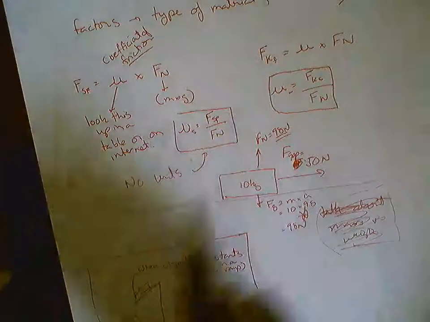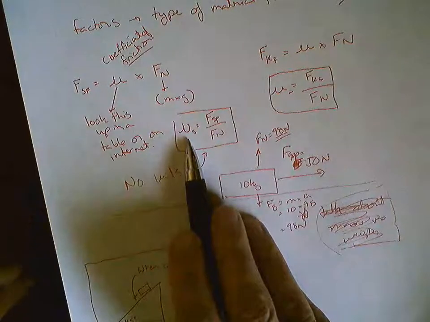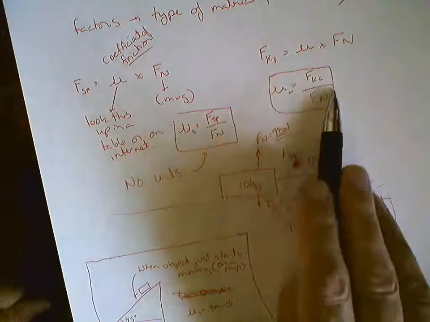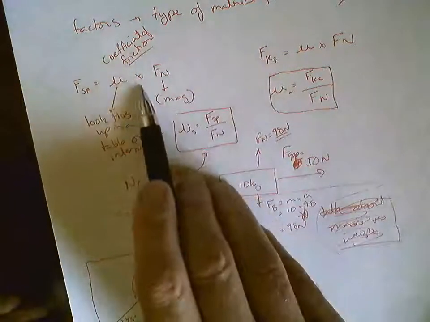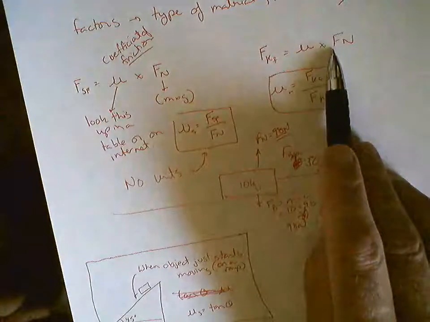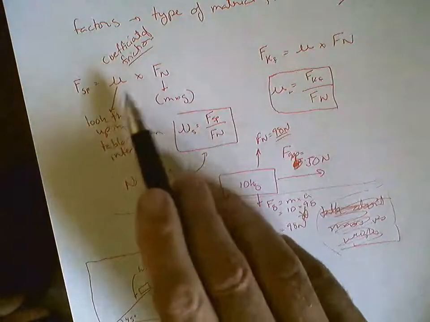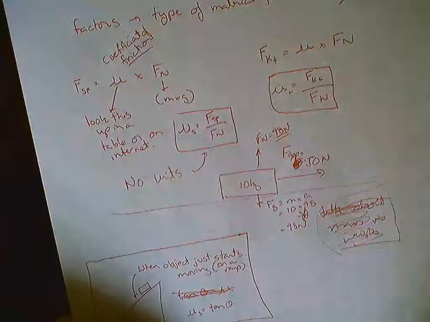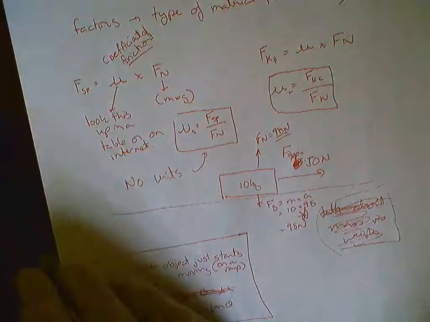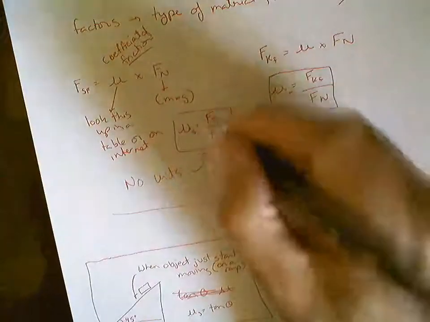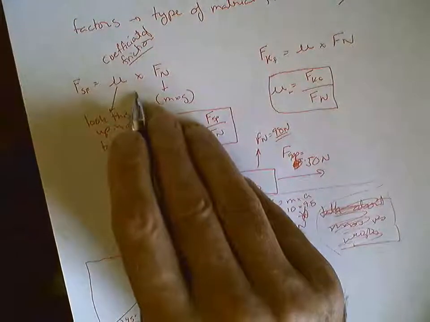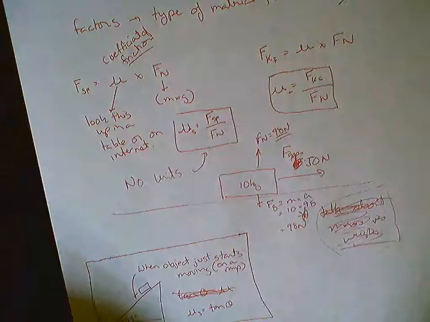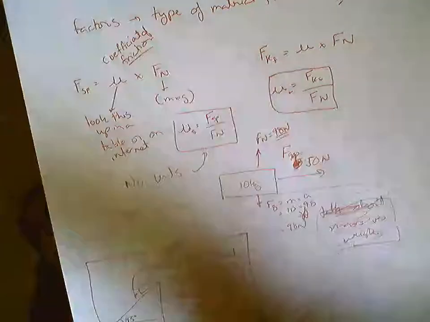Now, the other question they might ask you is, what is the coefficient of static friction, or what is the coefficient of kinetic friction? Notice that these two formulas for static friction and kinetic friction are the same. The only thing that changes is when you look up the coefficient in the book, you have to know whether the object's moving or not. But the other question they can ask you is, what is the coefficient of friction? All I've done is rearrange this formula to put the static friction over the normal force.